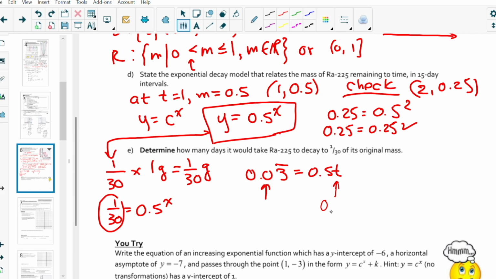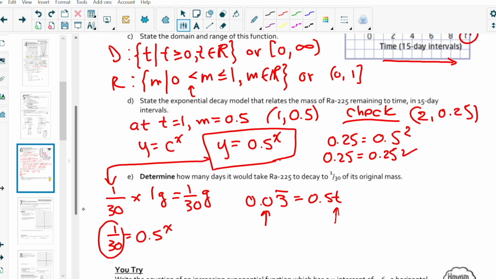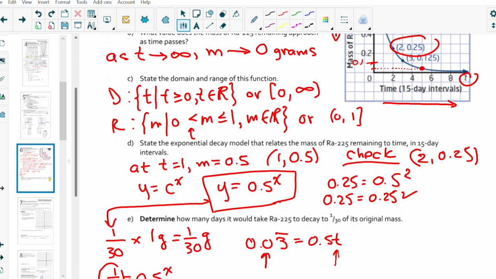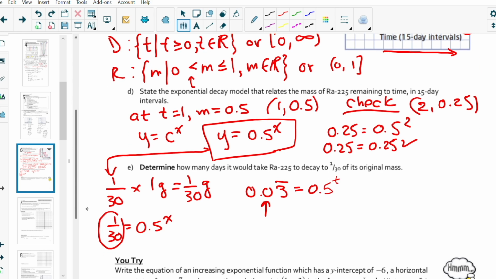So this t value is about, oh, let me rewrite that. Oops, sorry. To the t, that should be an exponent. That t value is going to be about 5. So t is going to be equal to about 4.9, or let's call it 5.